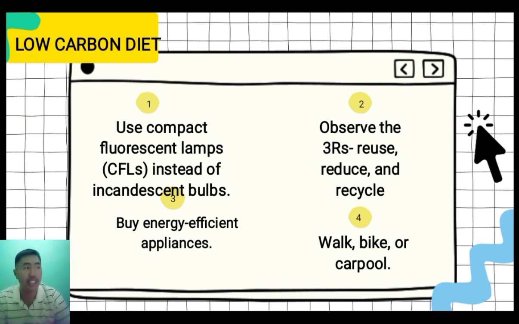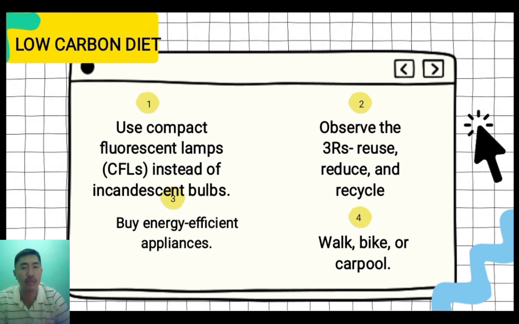Fourth is walk, bike, or carpool. Of course, to help our environment, this tip is very helpful. Instead of using cars, vehicles, motorcycles, just walk, bike, or carpool.